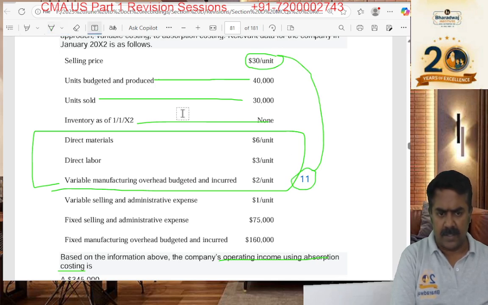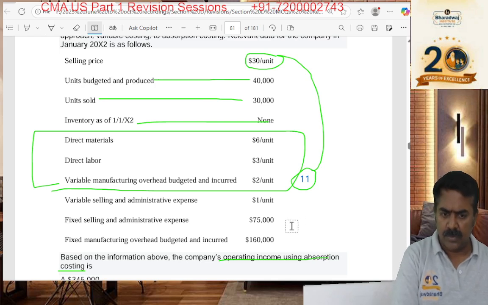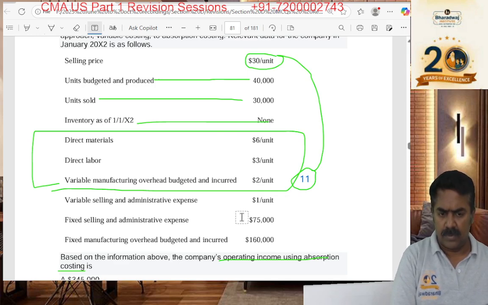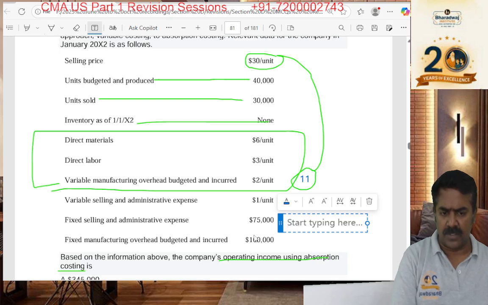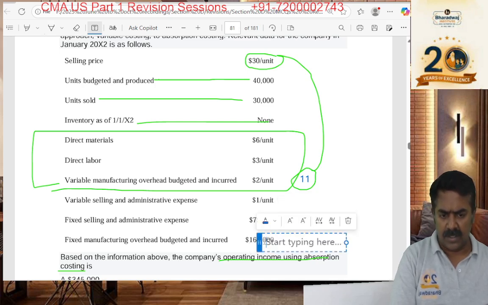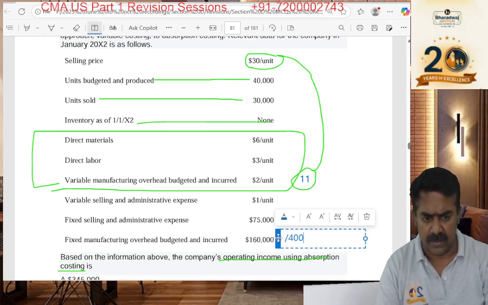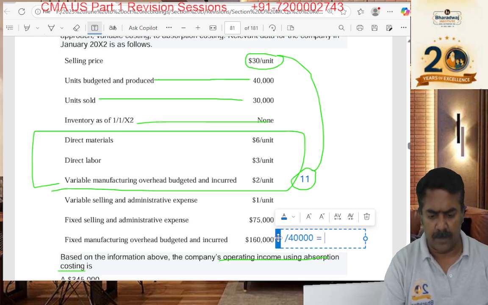So it will be like absorption costing. Fixed manufacturing, this also you should consider. 1,60,000 divided by 40,000 is 4.